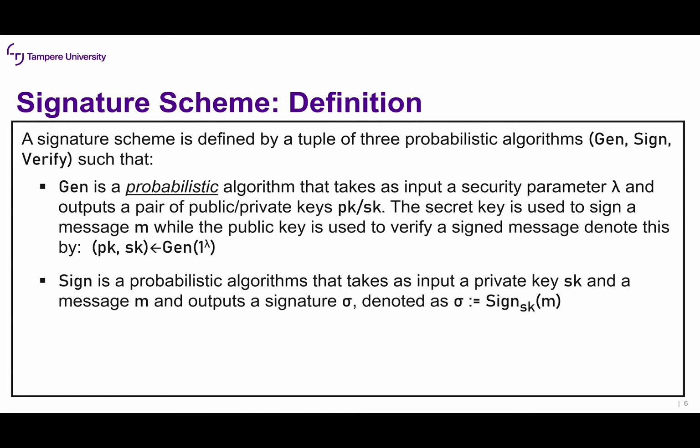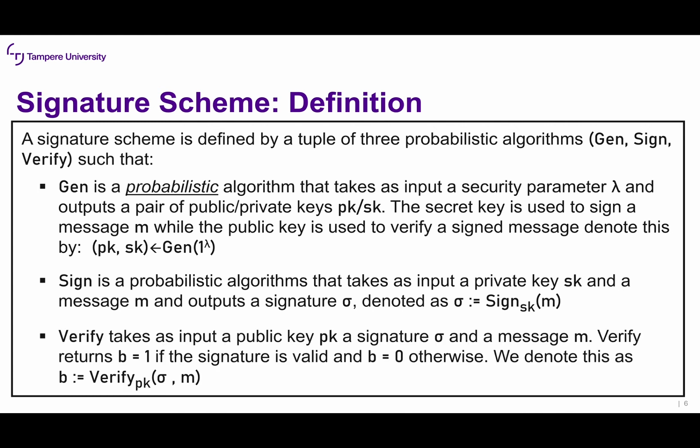Then we have the signing algorithm, which is again a probabilistic algorithm that takes as input a secret key SK, as well as a message M, and outputs a signature sigma. So this is basically the signed message that is sent to Bob in the previous slide.